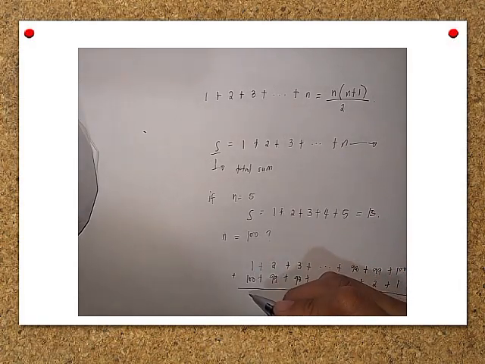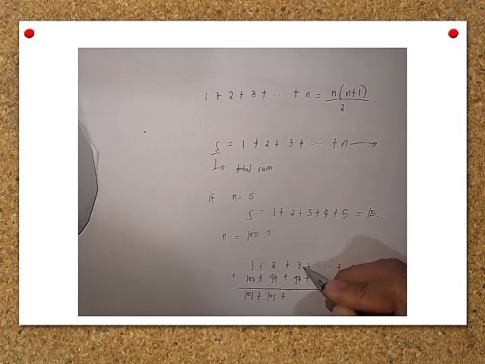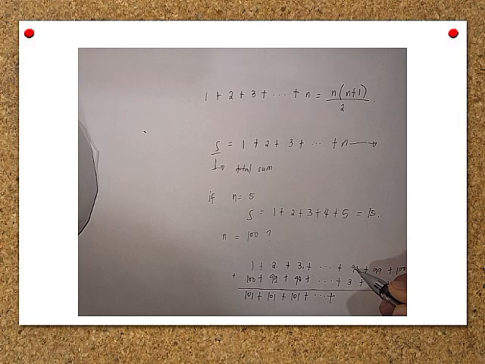We have 101, 101, 101, and so on. Each pair adds up to 101, and there are 100 numbers.